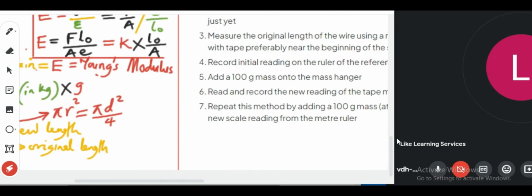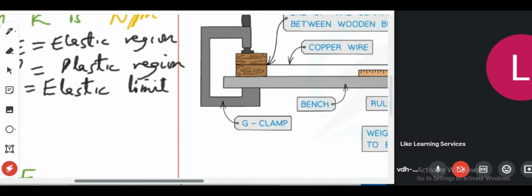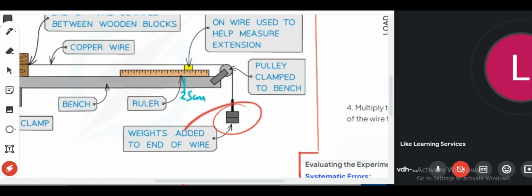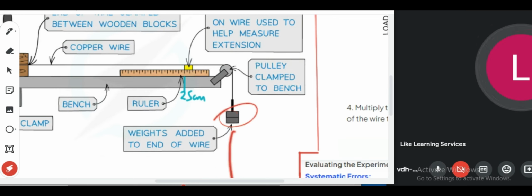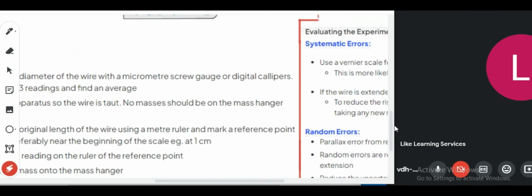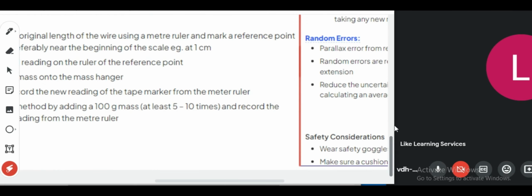You know, this hanger where we are adding our masses at the base should have a proper cushioning, so that if the weight falls off, it doesn't constitute a serious hazard or a serious hurt to the user.